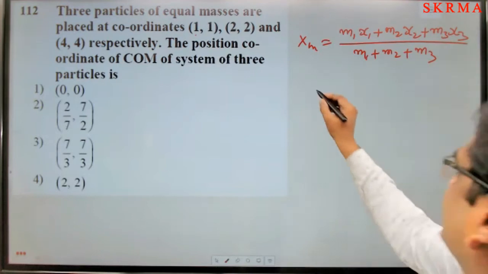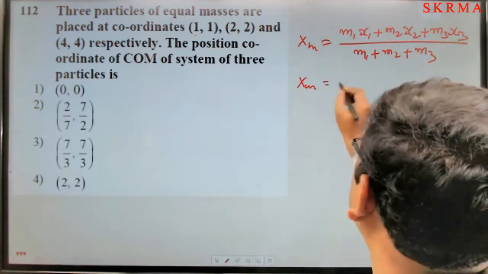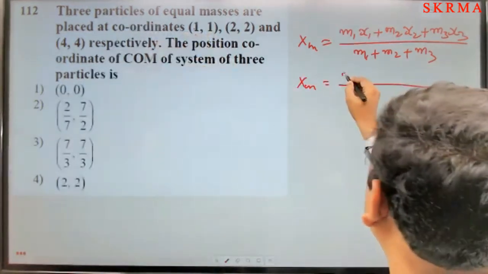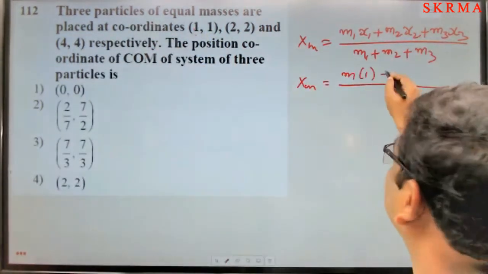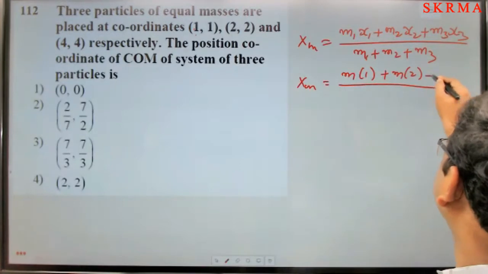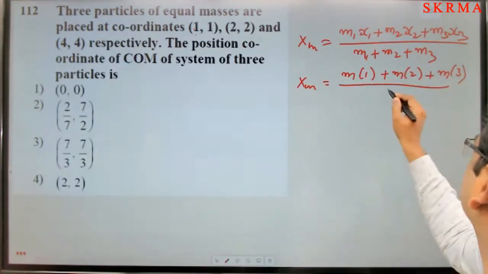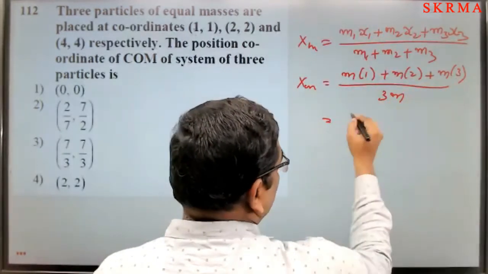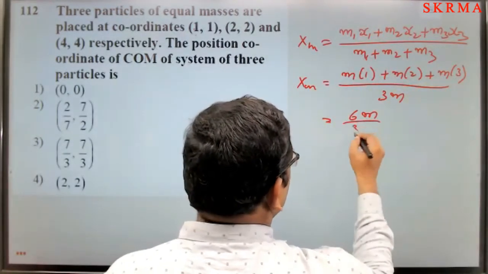Now substitute the values. So m into 1 plus m into 2 plus m into 3 by 3m. So m plus 2m, total 6m by 3m.